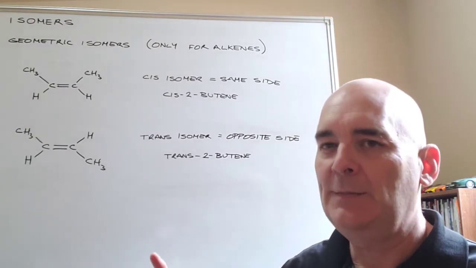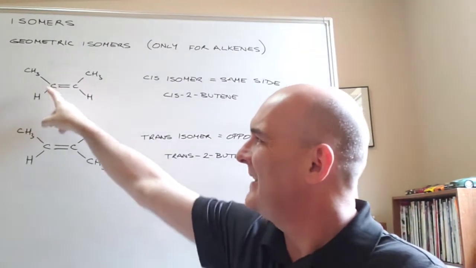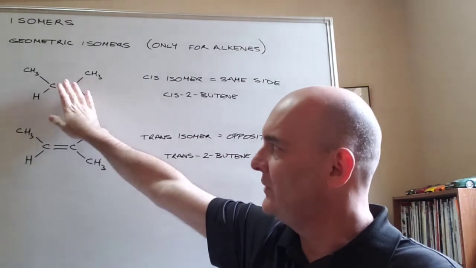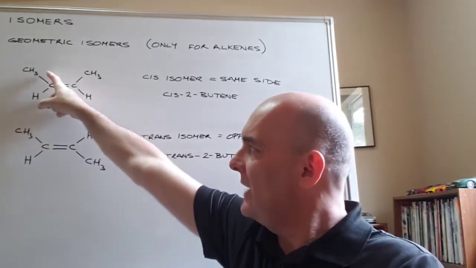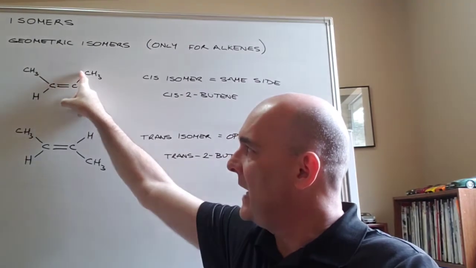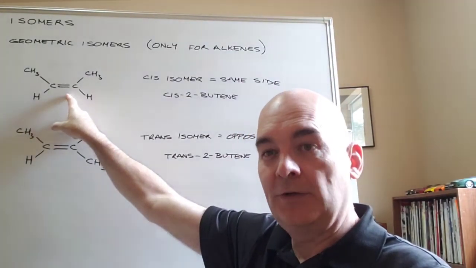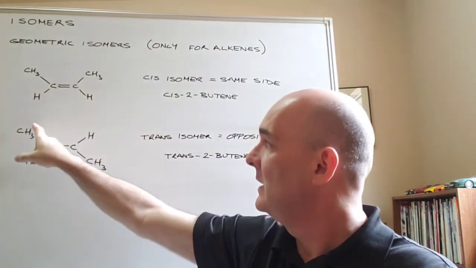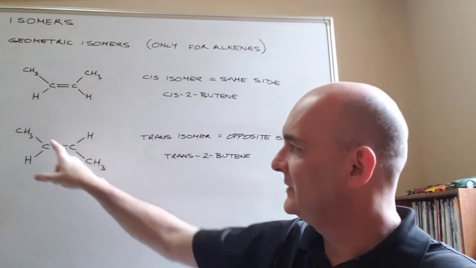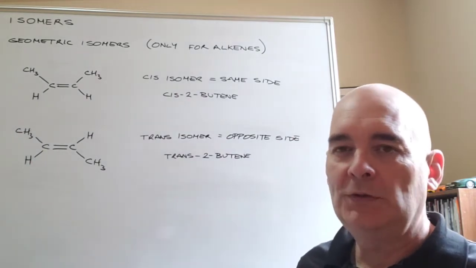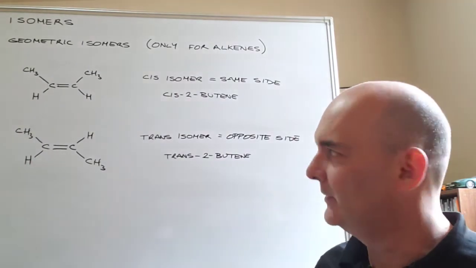But there's slightly more. Because this part of the molecule is flat and rigid, having the methyls be on the same side of that double bond is different shape-wise than having them on opposite sides of the double bond. And so now I have two new geometric isomers.